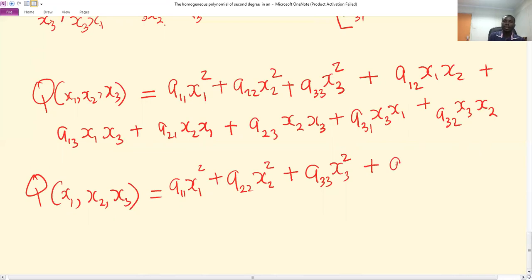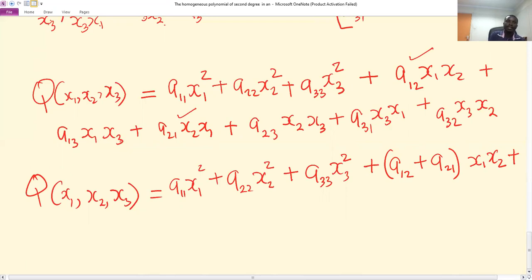So you can write A12 plus this one is A21, and then you multiply by just x1, x2. x2, x1 has been combined with that term.